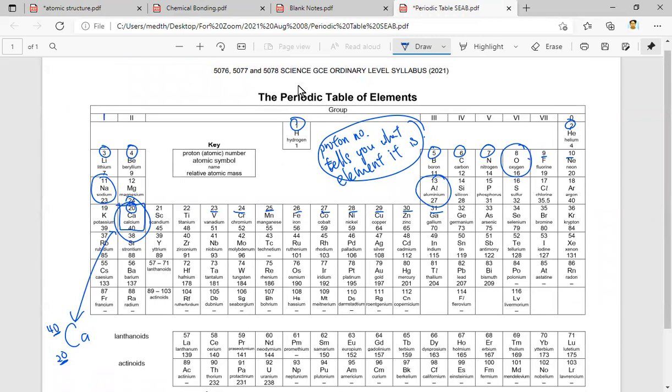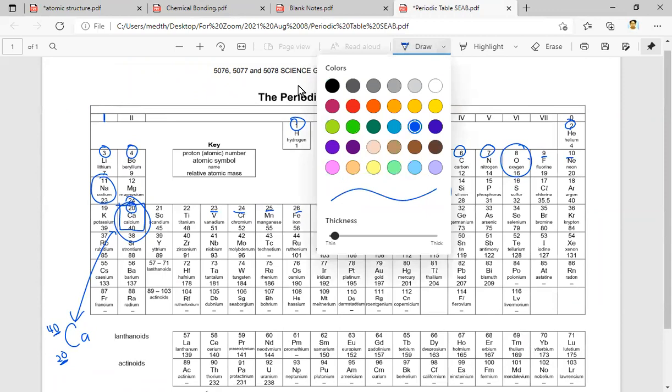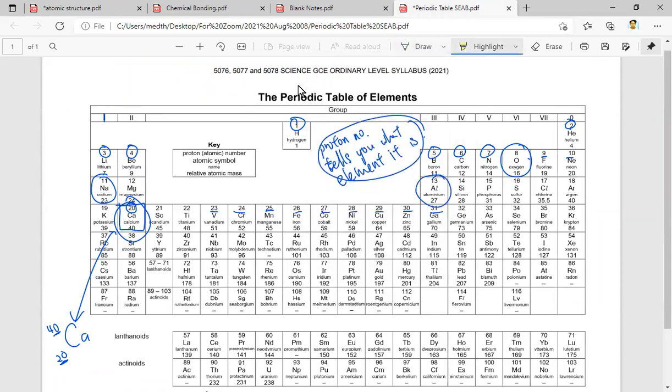There's group 1, group 2. These are all in Roman numerals. Group 3, group 4, group 5, group 6, group 7, and group 0. So in total, there are 8 groups.